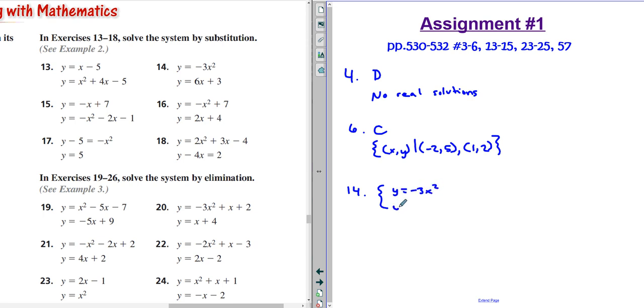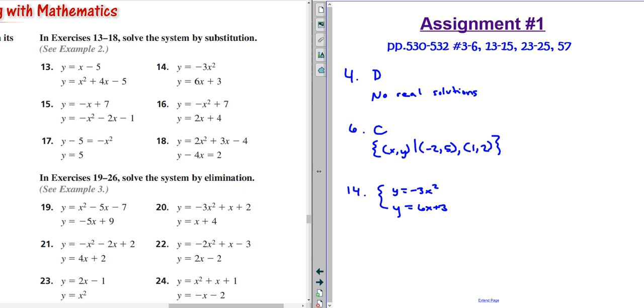So again, I'm thinking I could have no solutions, one solution, or two solutions, depending on what the graphs look like. All right, so I'm going to solve this one using, what do I feel like using? I'm going to use substitution. Oh, I'm sorry, no, it says in the directions we have to use substitution, so that makes that choice easy.